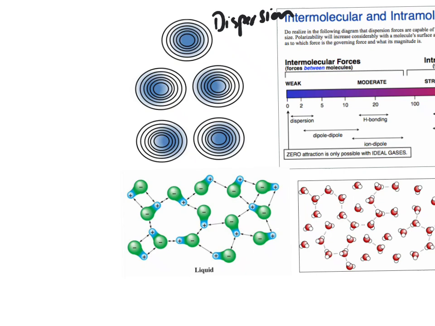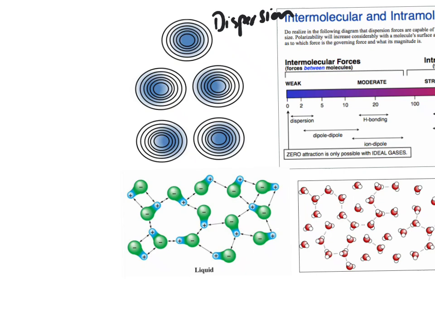Basically, we can imagine we're representing an atom by this set of circles. The center represents the nucleus, and the blue represents some electron clouds. Very easy drawing, certainly not accurate, but we're going to try to imagine it like this.